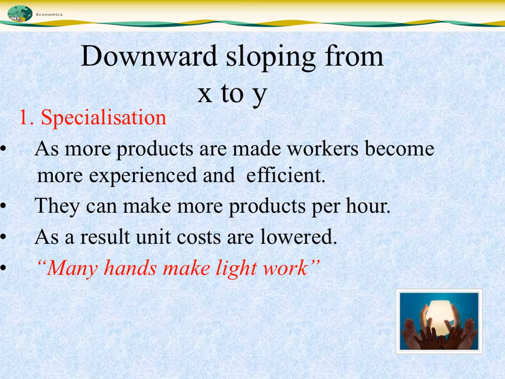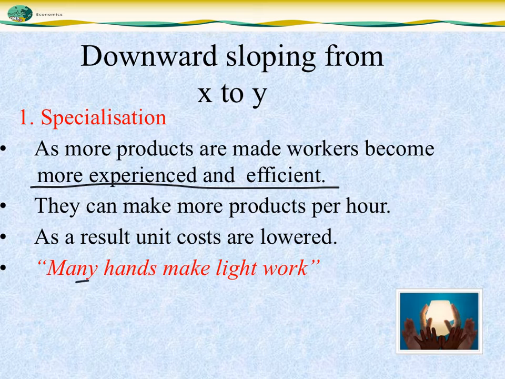Okay, so reasons why we see that downward slope from X to Y on our diagram. The first reason is what's called specialization. As more products are made, workers become more experienced and more efficient at making the product. They can make more products per hour, and as a result, unit costs are lowered. This idea of many hands making light work.